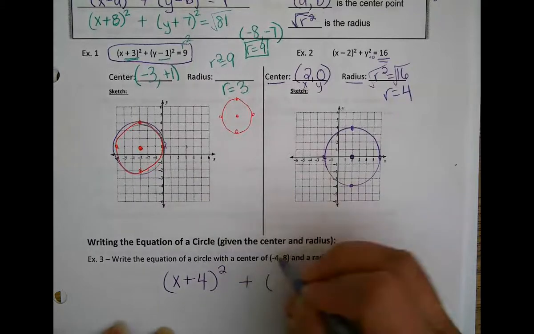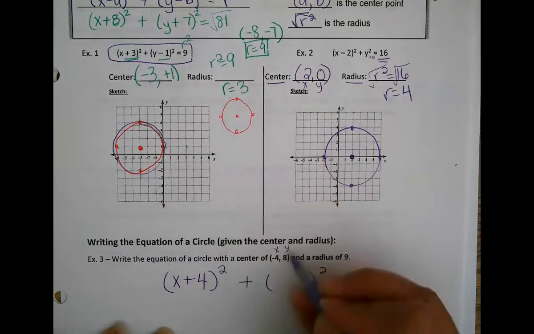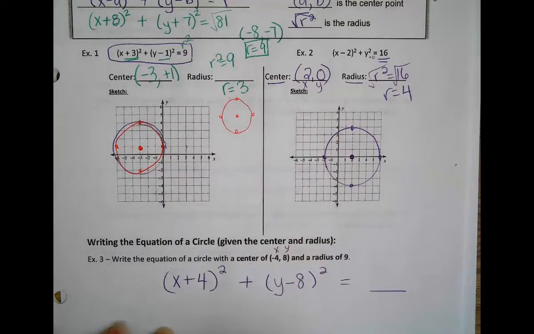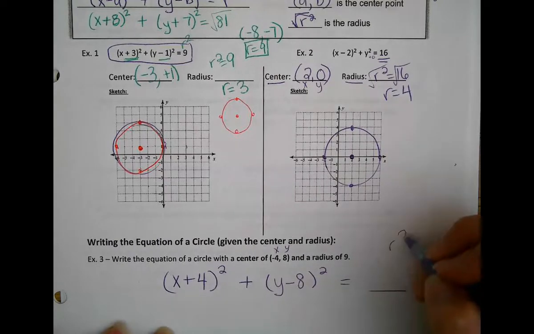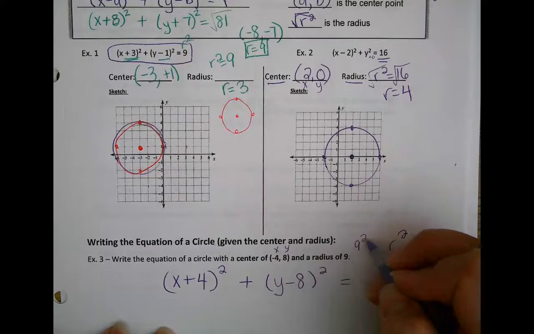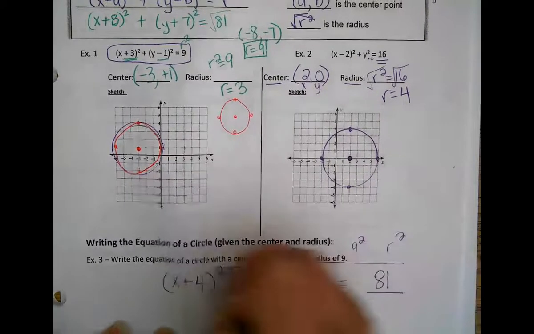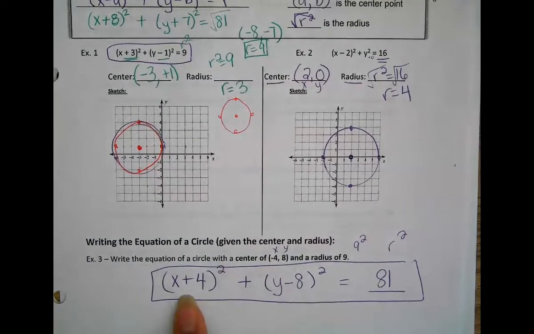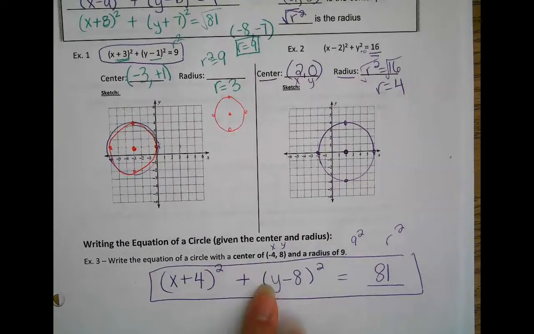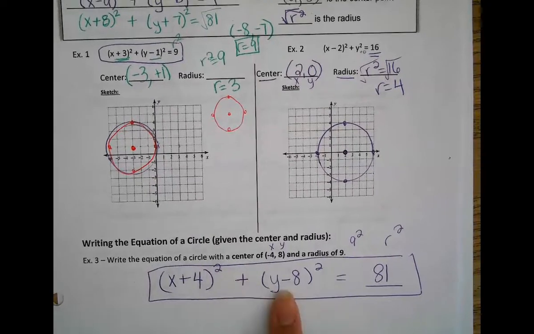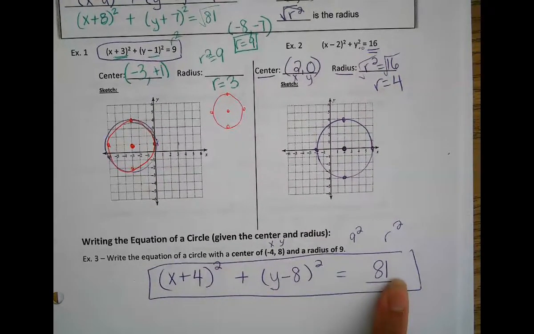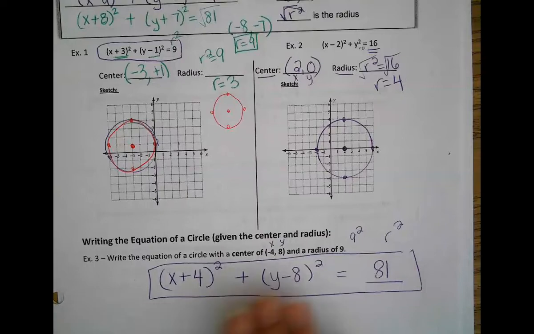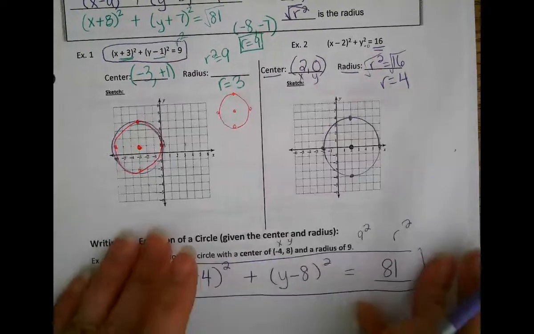If the y value, so remember x and y, is positive 8, it becomes y minus 8. The radius is 9, and this side of the equation is my radius squared. So 9 squared in the formula is going to be 81. So that's the equation of a circle. Again, we start with x plus something squared, add y minus something squared, equals the radius squared. So there's a little something to do to each part of the equation.